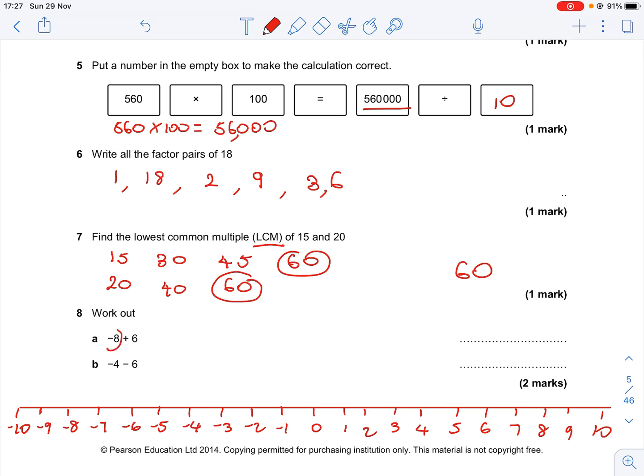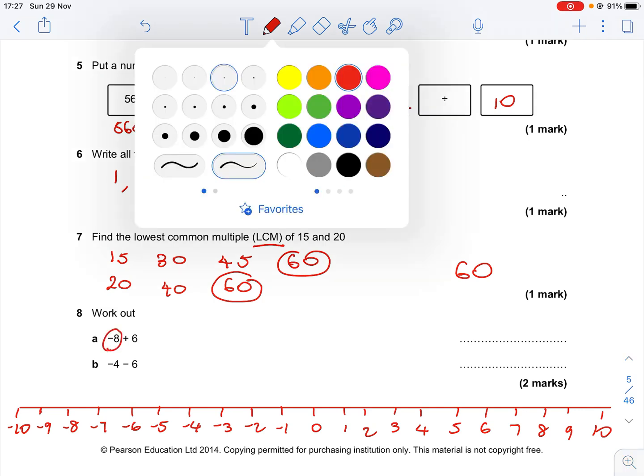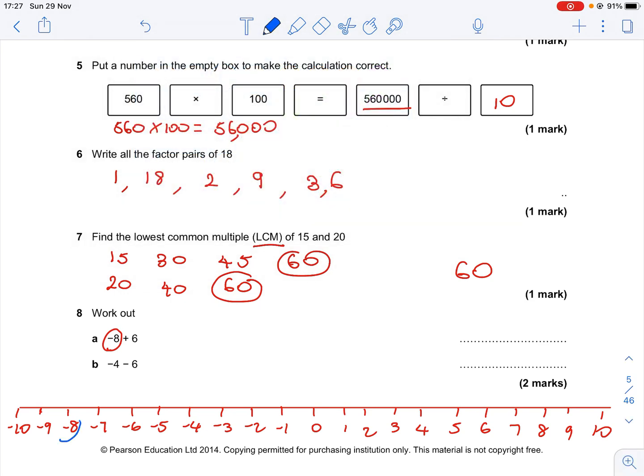So we start from -8, and we're adding 6. So we have 1, 2, 3, 4, 5, 6. So the answer is -2. Another way is that we recognize -8 plus 6 is the same as 6 minus 8, which is equal to -2.